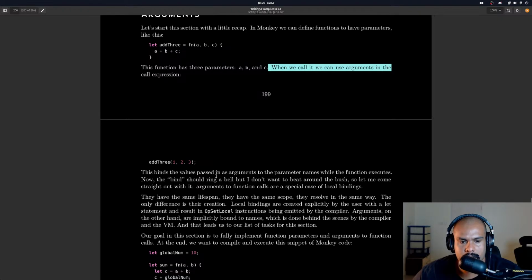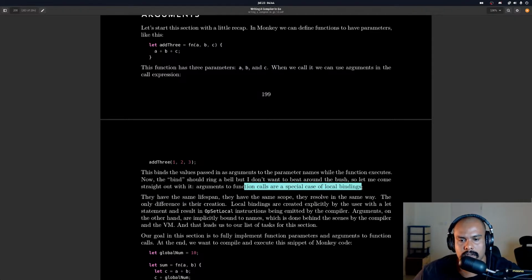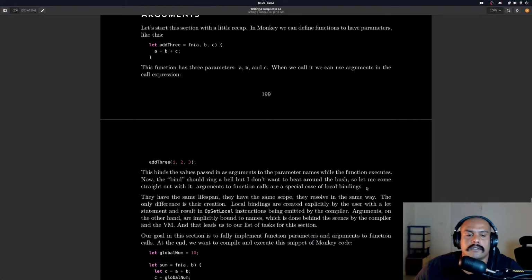Now, the bind should ring a bell. I don't want to beat around the bush, so let me come straight out with it. Arguments to function calls are a special case of local bindings. That was my guess last time.